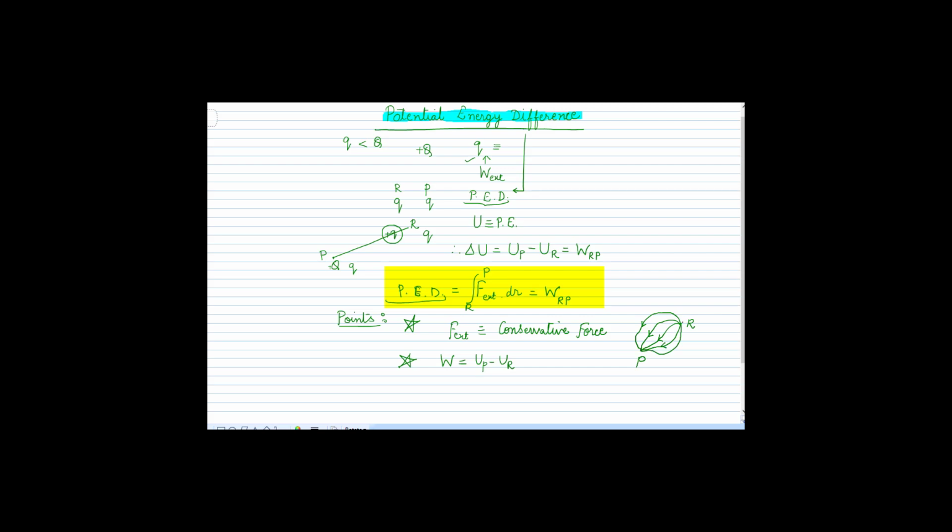So we have to only calculate the difference in potential energy between this and this, that is UP minus UR, and it does not depend on the path we have chosen.